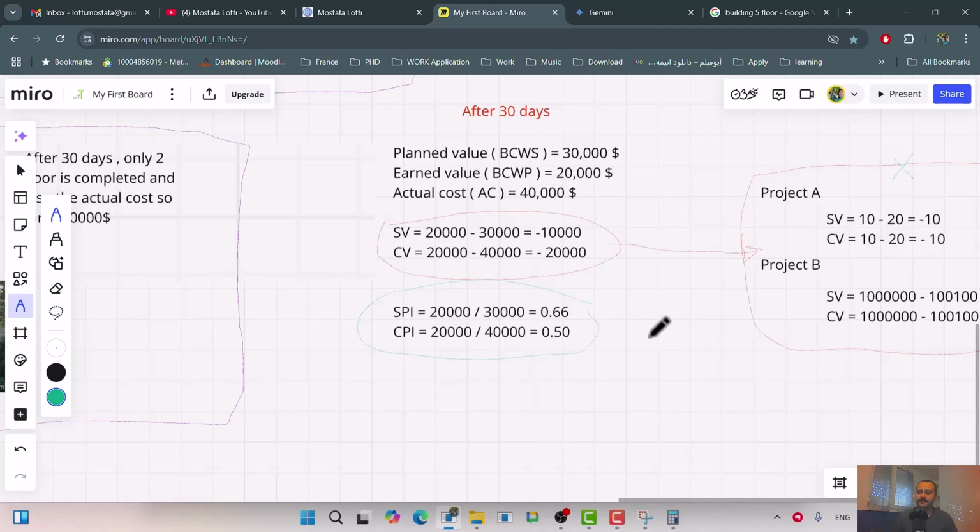And then let's discuss what exactly this 66% means for SPI.